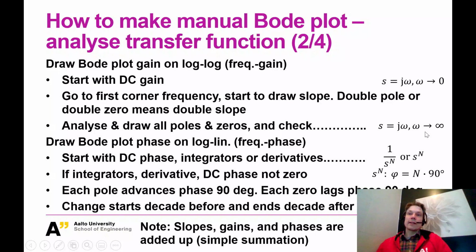Now we have a start point and an end point for our analysis. Then we try to analyze what is happening in between. Do we have zeros, meaning that your response goes to 0? Do we have poles or resonances, meaning that your response goes very high?